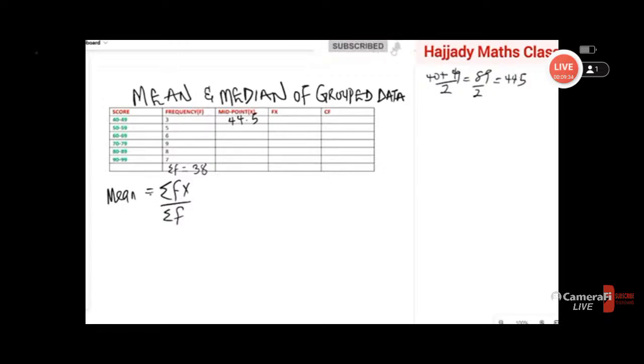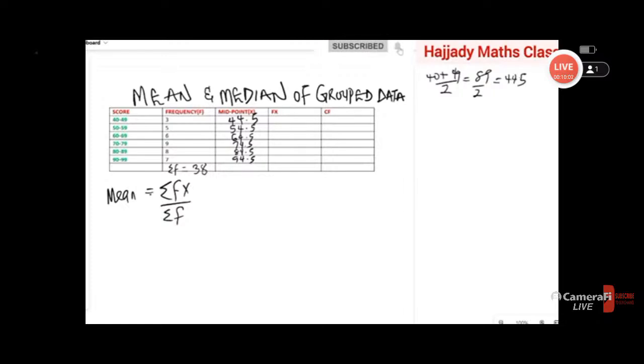The midpoint for 50 to 59 is 54.5. This is easy to know, just add 10 to it since it is at equal interval. And this is going to give us 74.5, then 84.5, and then 94.5. So that is our midpoint.